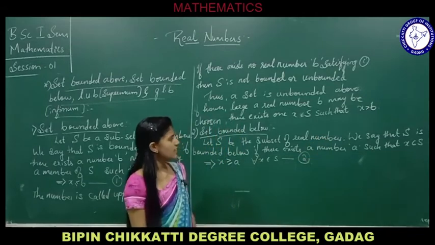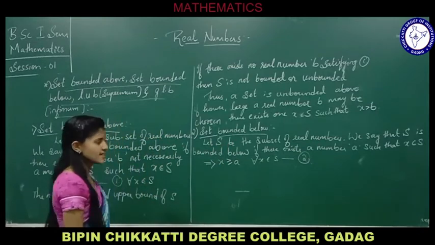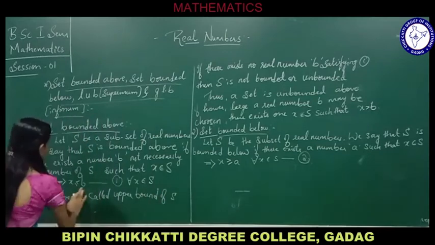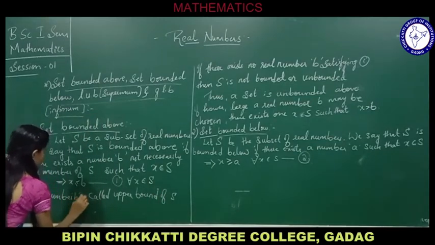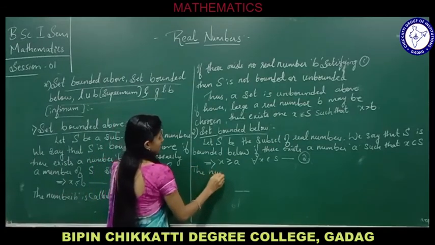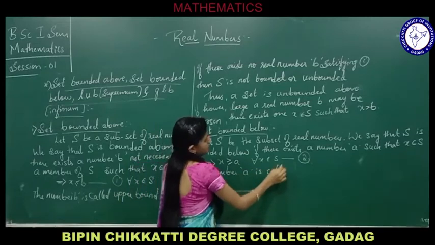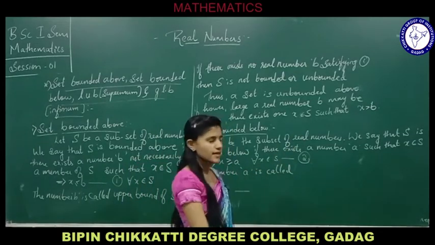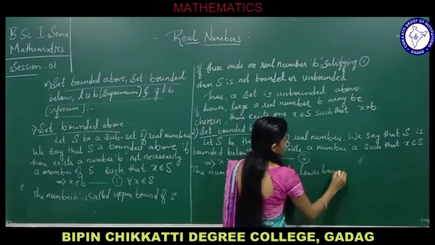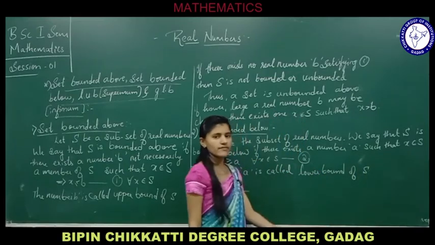Here we had written X is less than or equal to B, and for a set bounded below we write X greater than or equal to A. Then we say that A is the lower bound of S. What if we do not have any lower bound?